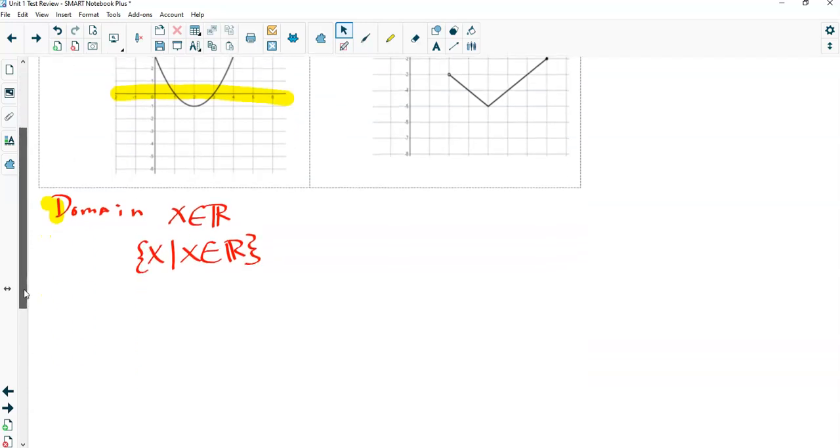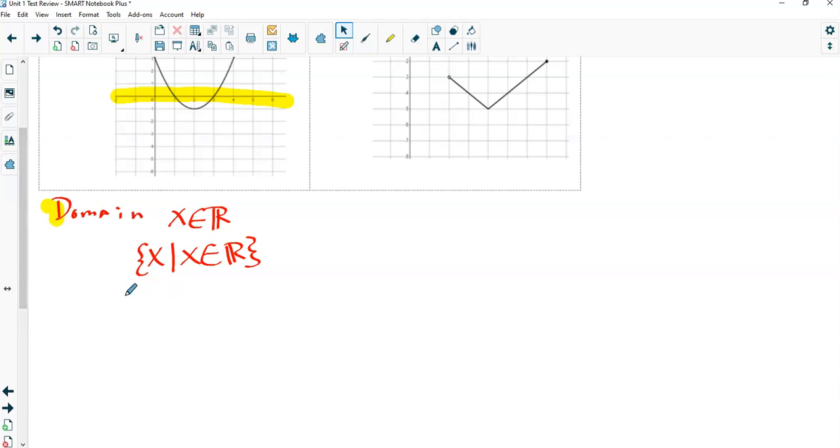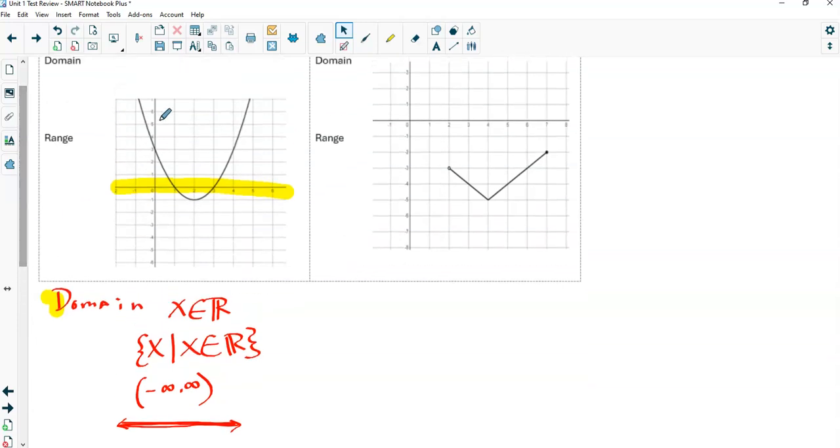You could write it in interval notation, which would be negative infinity to positive infinity. And that would be interval notation. As a graph, it would look like this. All of it, right? That's all real numbers.